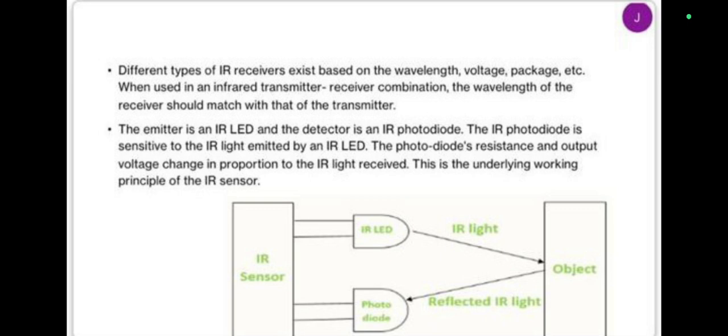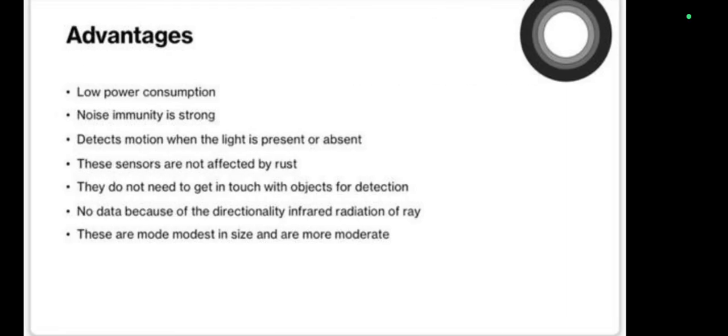The photodiode is sensitive to the IR light emitted by an IR LED. The photodiode's resistance and output voltage change in proportion to the IR light received. This is the underlying working principle of the IR sensor. Below is a picture showing how the IR sensor works.